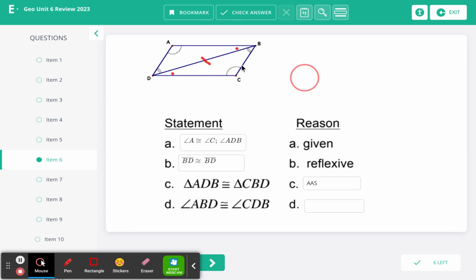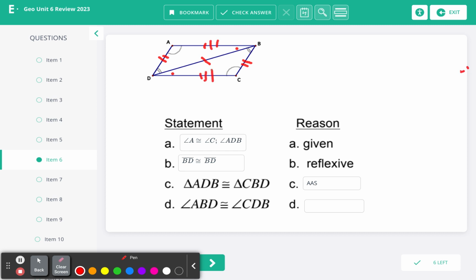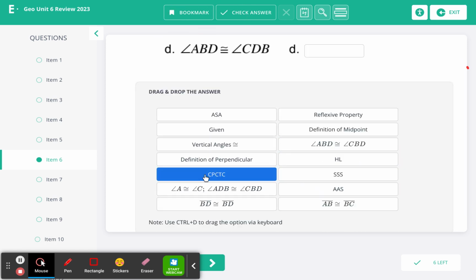Just to double check, we've now proven the two triangles are congruent in step C. Well, we just proved that all three corresponding sides are congruent, and all three angles. All right. So we now know that that angle pair that we were looking for at the beginning are congruent, and they're congruent because of CPCTC.